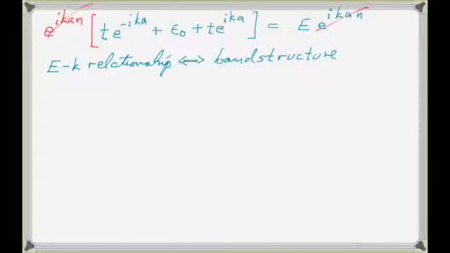We were looking for this, which is going to give me our E-k relationship, which is what you call your band structure. E is a function of k. So that sum of the phase factors is just going to give me a 2 cosine ka. So I'm going to get epsilon 0 plus 2t cosine ka is equal to the energy.